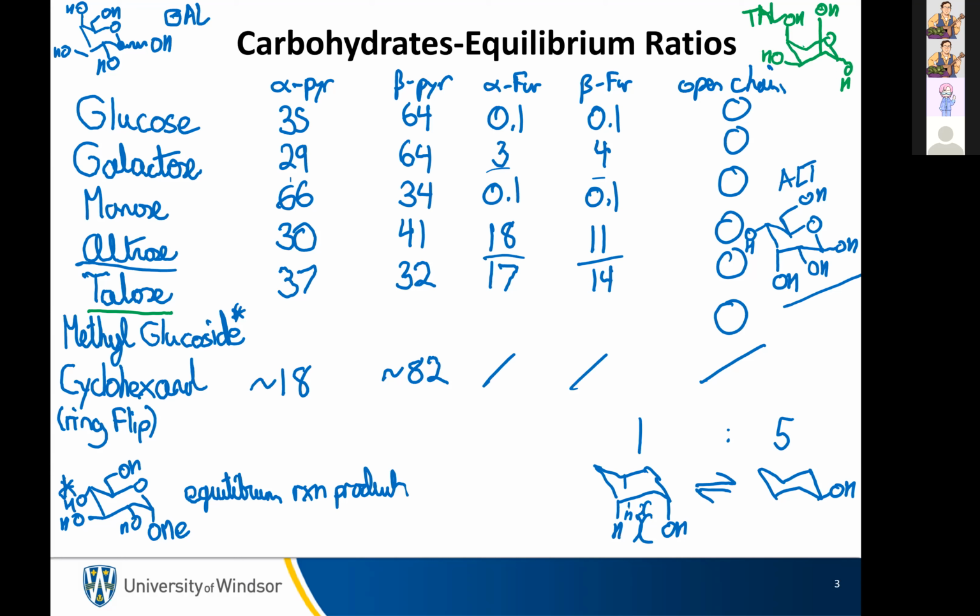Again, the only difference between all these sugars is that the C6 position never changes, because if the C6 position changes, we switch to being an L sugar. We're no longer a D sugar. So what we're changing is the stereochemistry of 2, 3, and 4 relative to each other. That's Talos. So the C4 and the C2 are axial. In mannose, the C2 is axial, but I think a lot of you might know the structure of mannose.